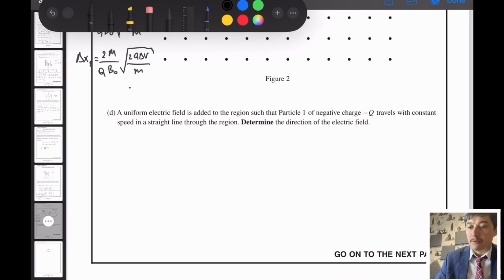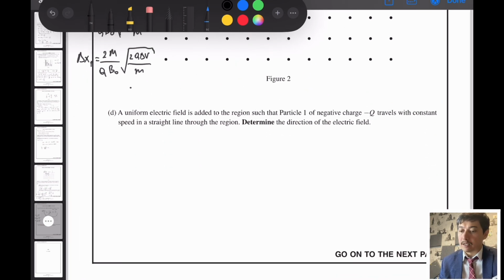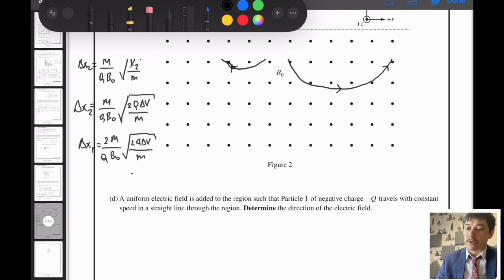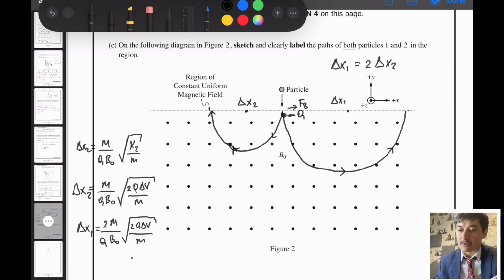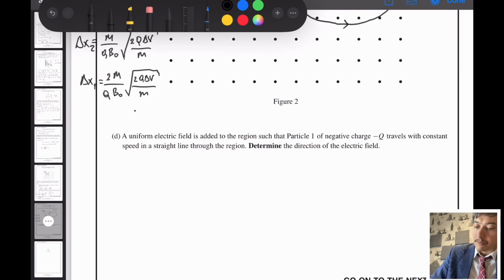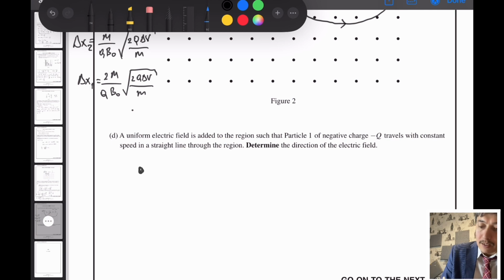So obviously the electric field should make it move in the opposite direction. Let me draw it one more time here. So the particle is here and it is negative Q. Magnetic force is to the right. Electric force should be to the left.